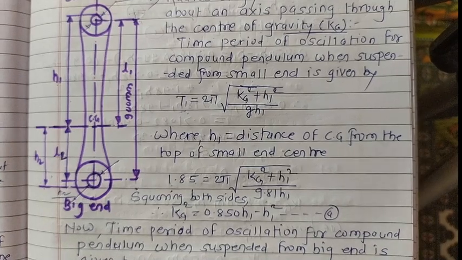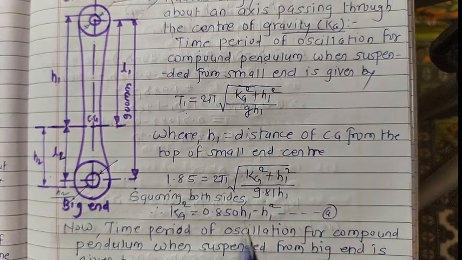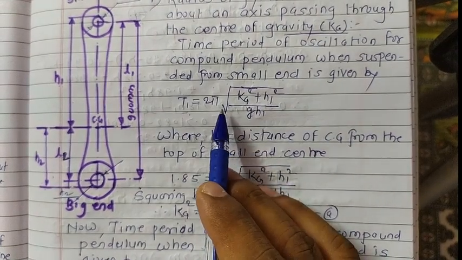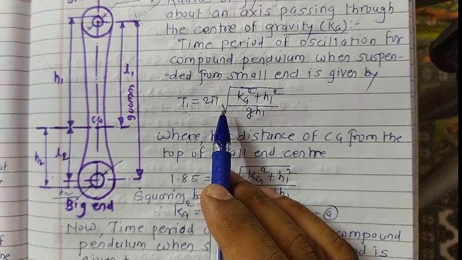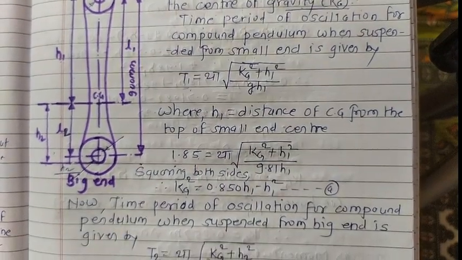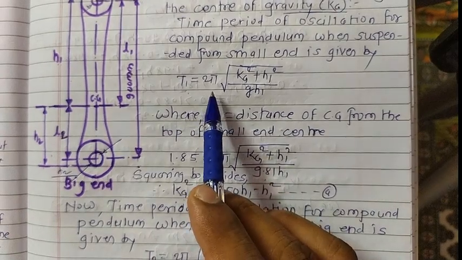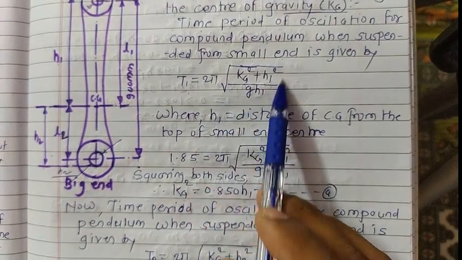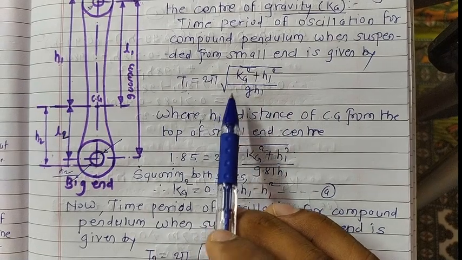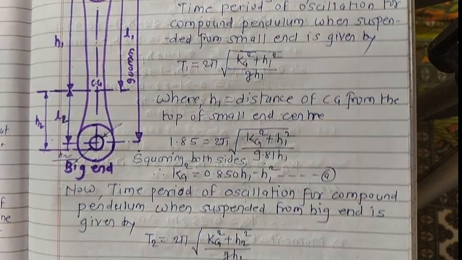So once again see this problem, the highlights for this problem. In this case, the time period of oscillation is given by considering the small end as well as the big end. So what information is given? According to that, just assume that this is the equivalent compound pendulum. Write the formula here, and similarly write the second formula, the T2 formula.